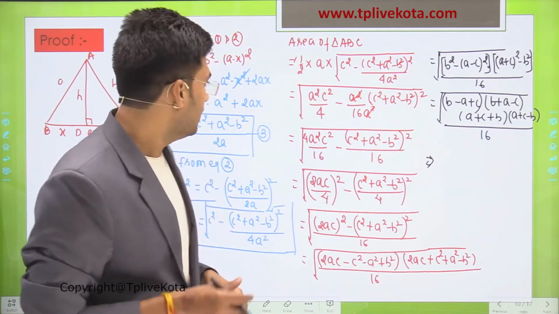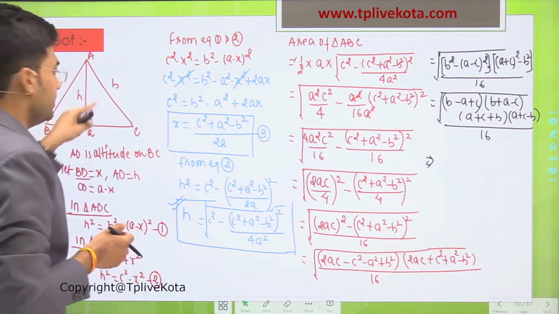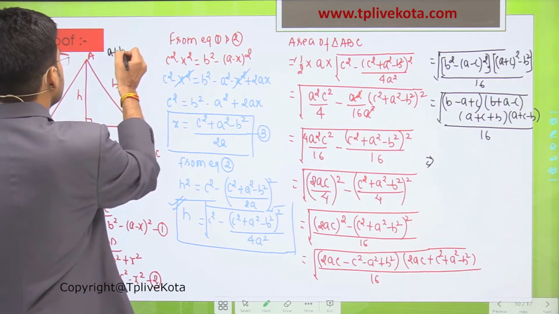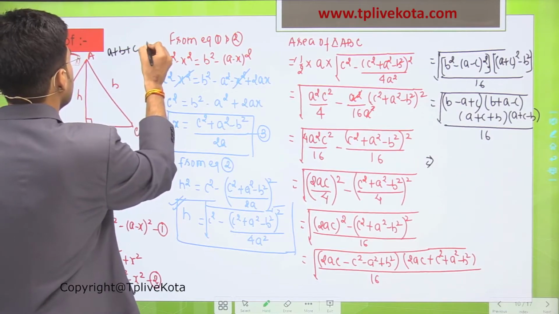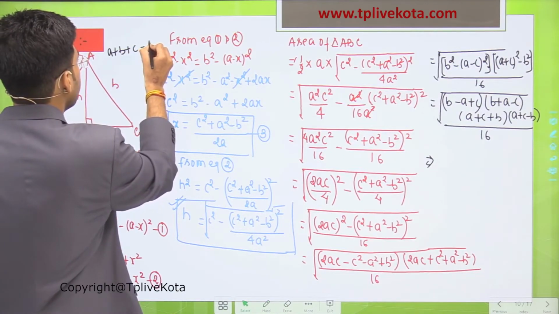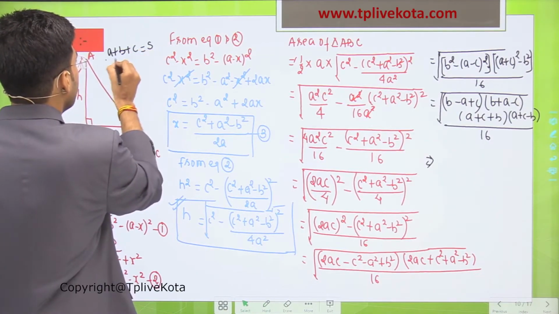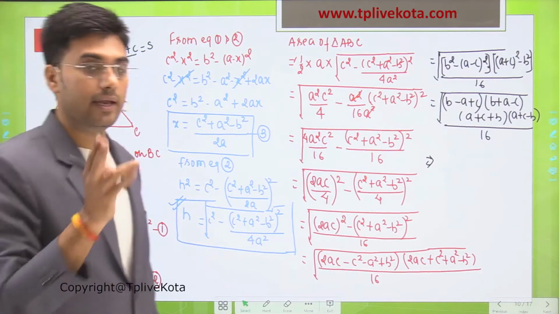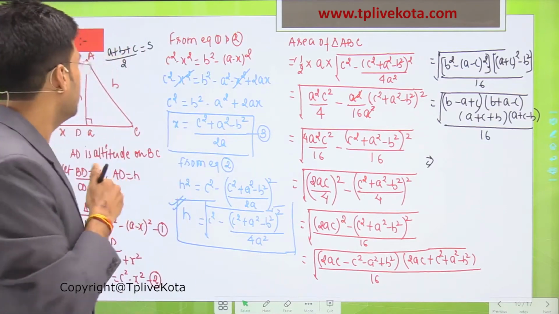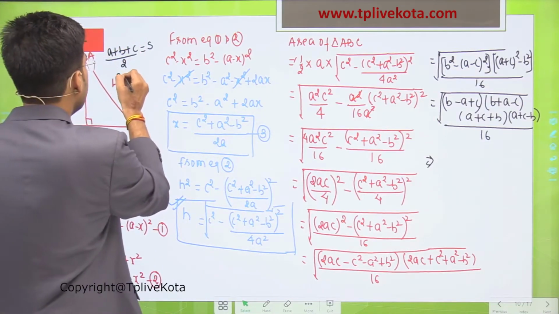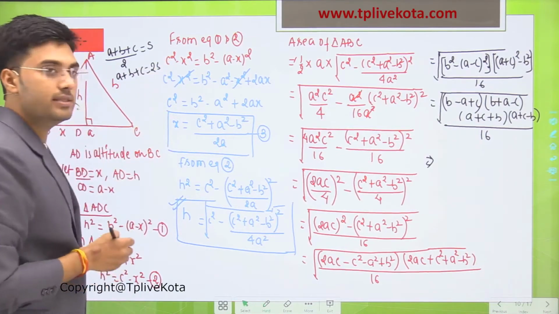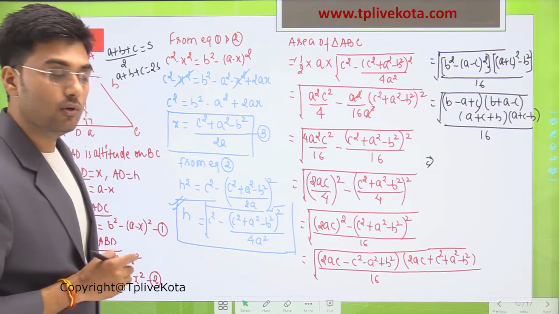Clear? Now this is the triangle, and if we add sides a plus b plus c, this is the perimeter. When we divide it by 2, we get s, the semi perimeter. So we can say that a plus b plus c is 2s.